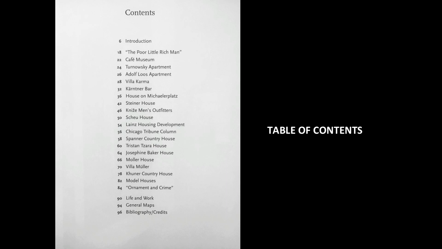Here you see from the same book a contents page that includes contents at the very top with a list which has page numbers to the left and the various project names to the right, beginning with the introduction and of course ending in this case with the bibliography and the credits.